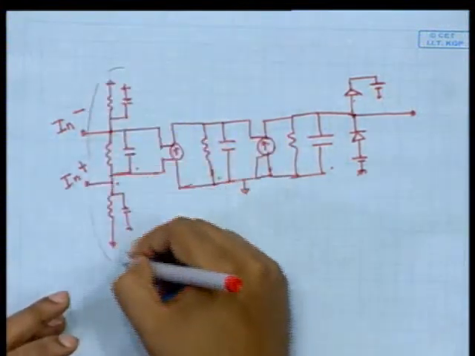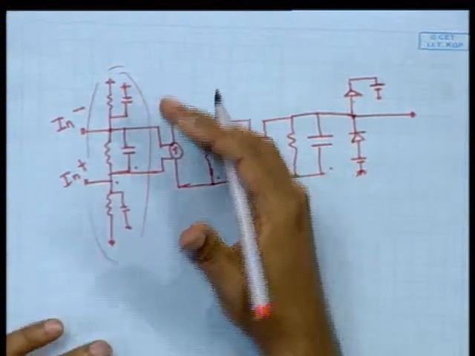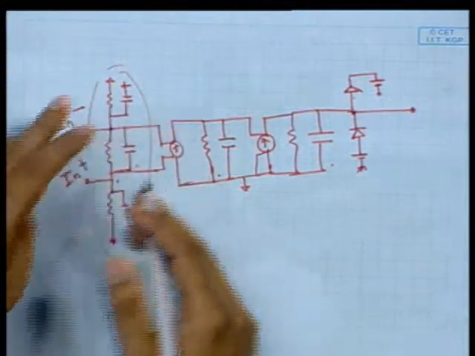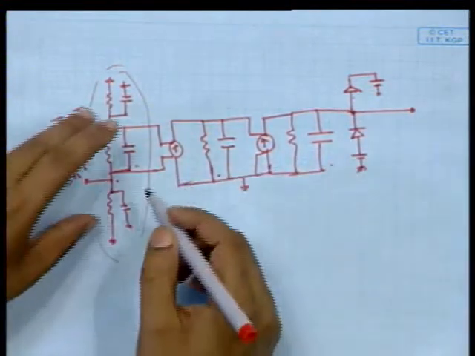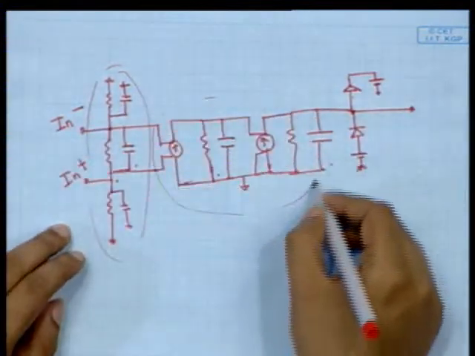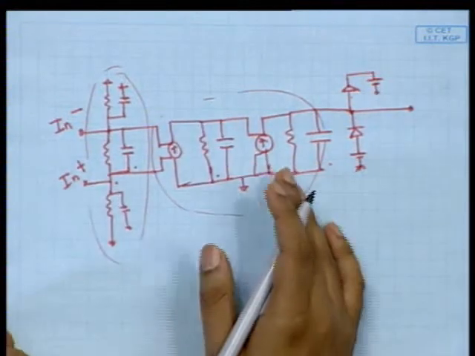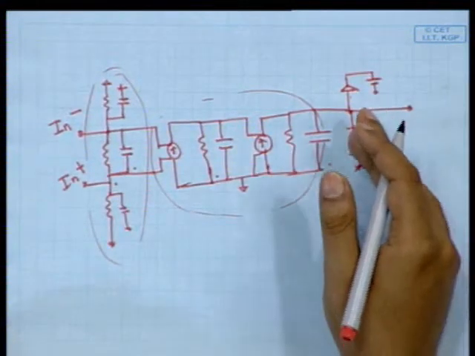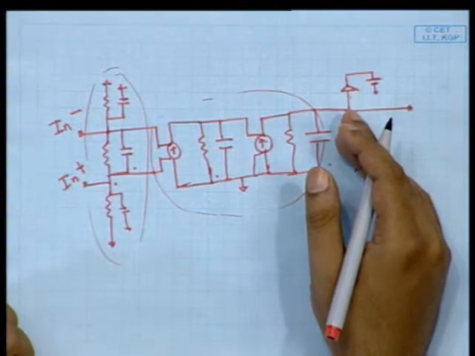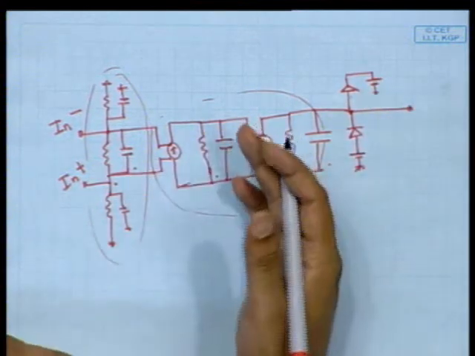This is your input stage modeling, the input impedance modeling stage, and after that this differential voltage goes through differential to single-ended conversion. This voltage goes to a frequency shaping stage and gets the appropriate frequency shape. After that, the output voltage is clipped within a certain range. So this is our approximate op amp macro model.